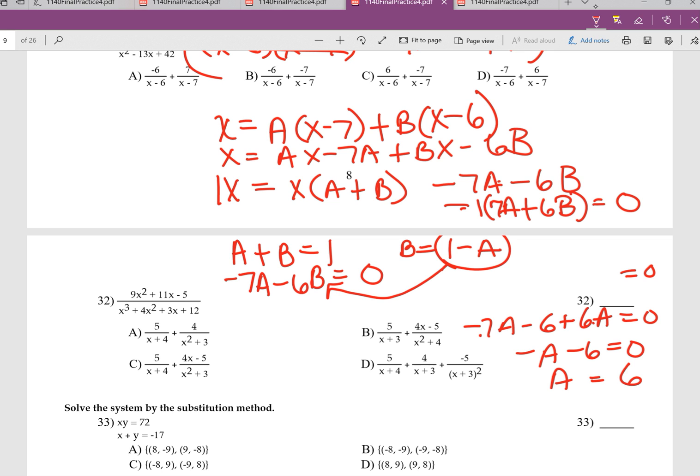And so that's how we end up with positive a, so it's actually going to yield us a negative 6. Okay, with the negative 6 on a, then I could plug that in. Negative 6 plus b, b has to be 7 to be true. So that answer choice should be a for that. Okay, and don't forget you have to write it over the distinct linear factors.